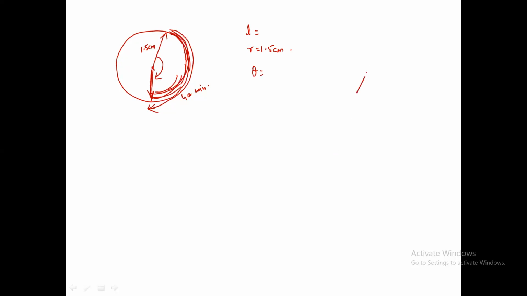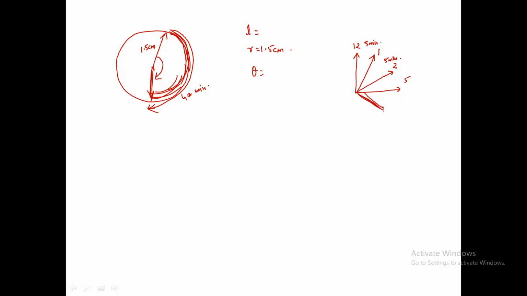Suppose in a watch, if you take the minute hand, from 0 to 1 to move, how many minutes will it take? It will take 5 minutes. From 1 to 2, it will take 5 minutes. From 2 to 3, 5 minutes.